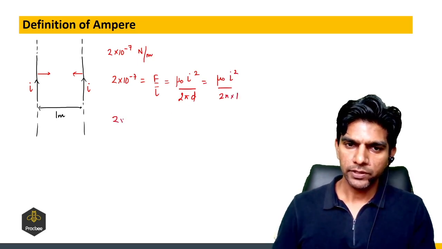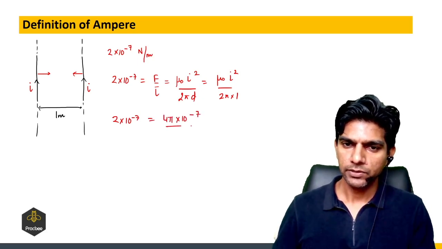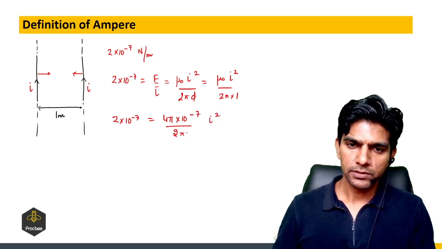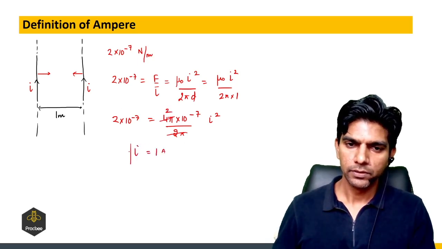So we can say 2 into 10 raised to minus 7 is equal to 4 pi into 10 raised to minus 7 divided by 2 pi times I square. So from here, this 2 pi will give us 2 in the numerator. So this will give us I equals 1 ampere, right?